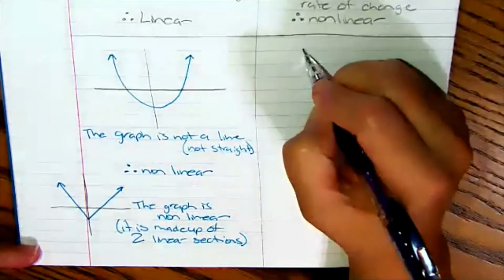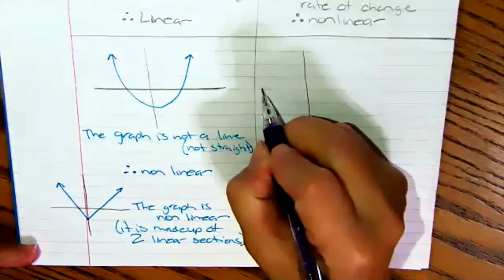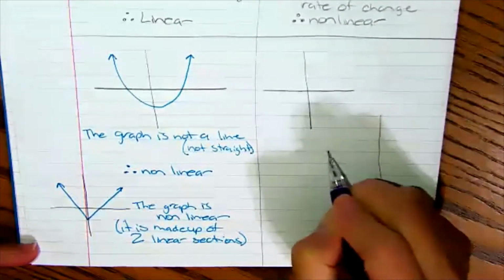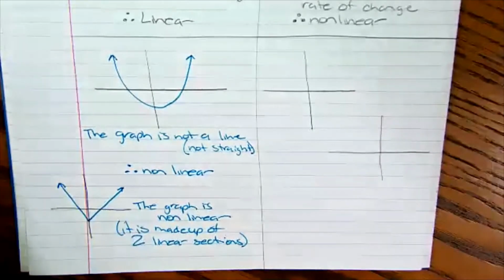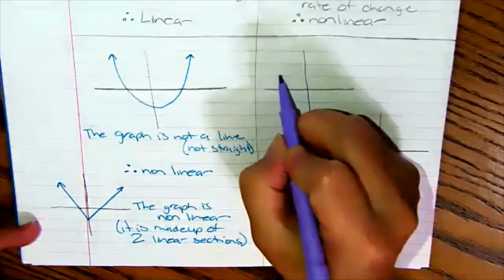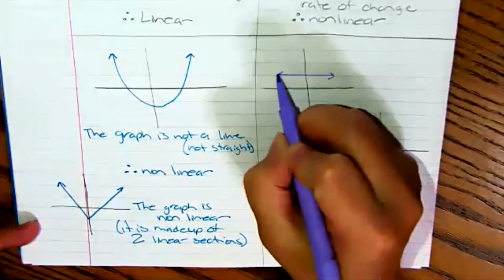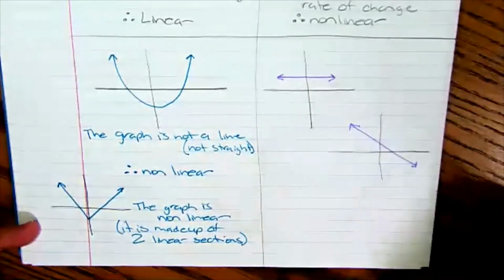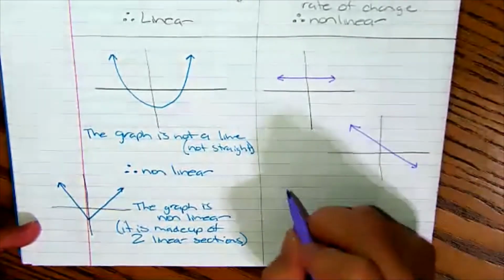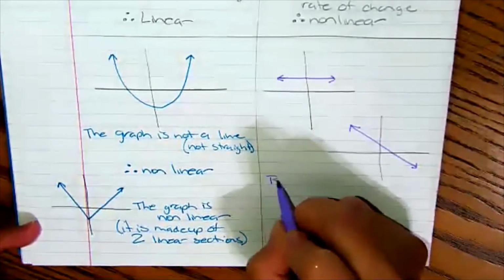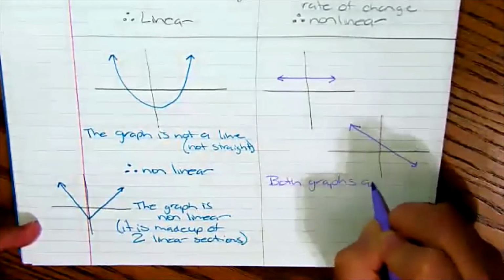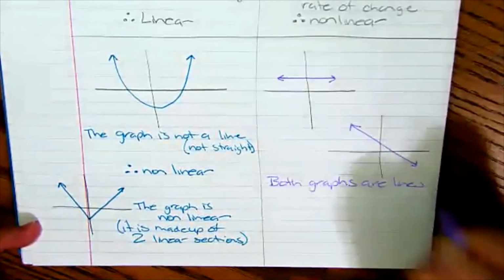Okay? So then we have some graphs that can look like this. In this case, both graphs are lines.